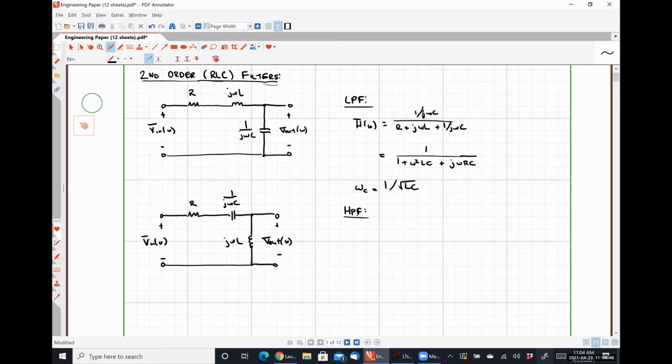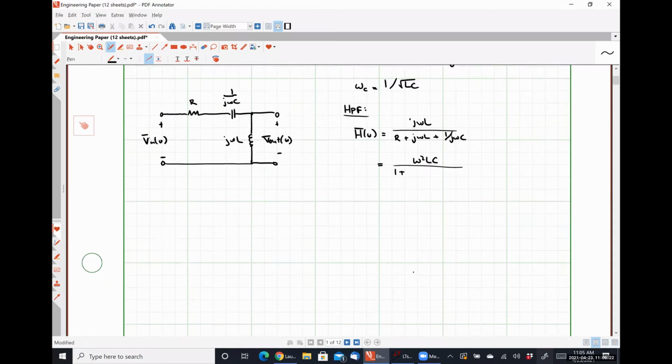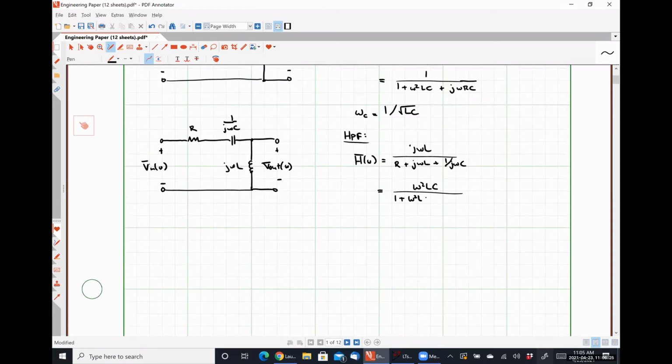It has a transfer function of H of omega is equal to j omega L divided by that same denominator, R plus j omega L plus 1 over j omega C. And when we multiply through by a factor of j omega C, we get omega squared LC in our numerator, and our denominator becomes 1 plus omega squared LC plus j omega RC.